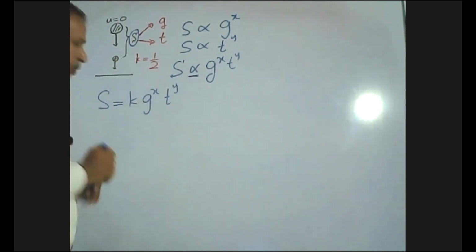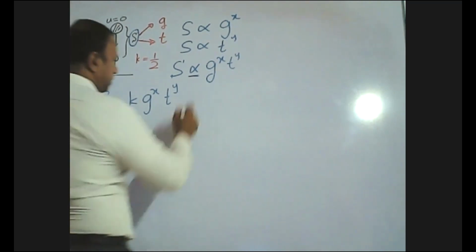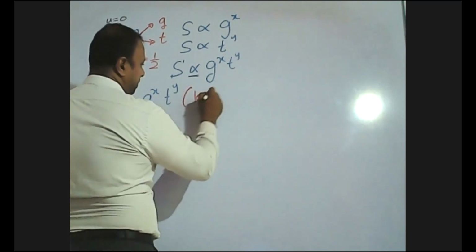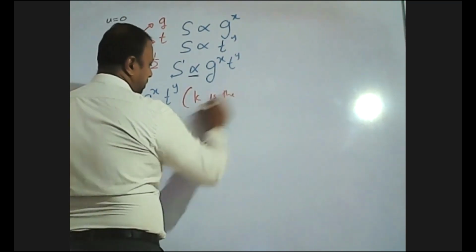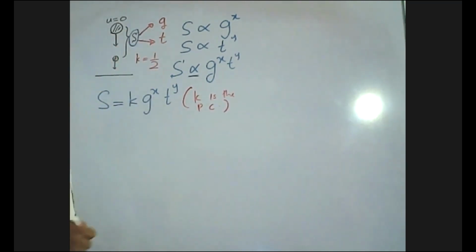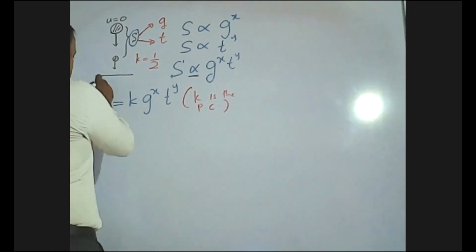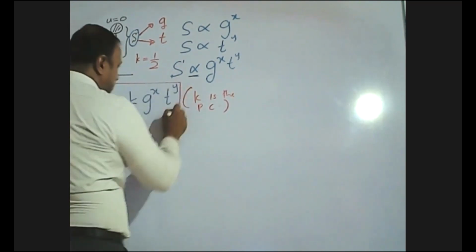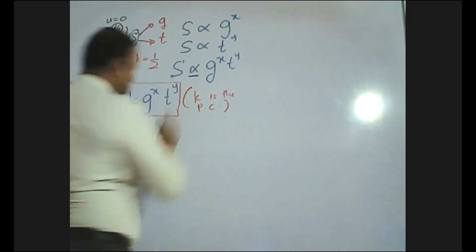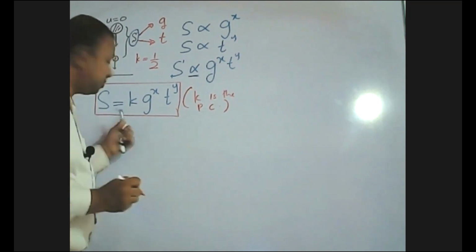K is the proportionality constant, and I can take it as half. So this is my assumed equation.